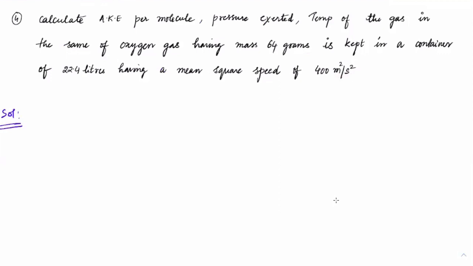So u square is given as 400 meter square per second square. U bar square, which is mean square speed, is 3RT by M, right?